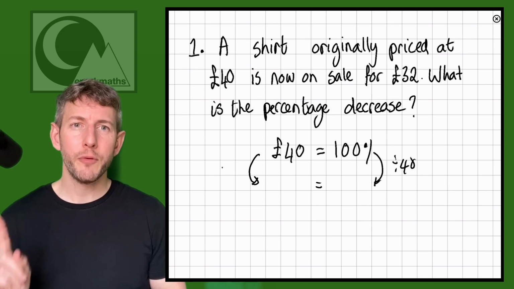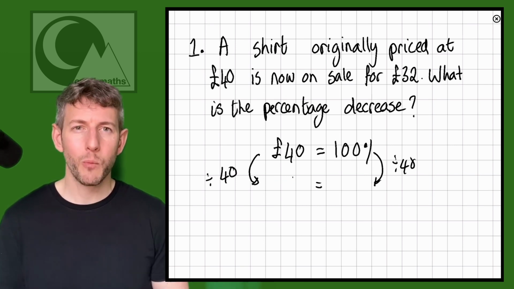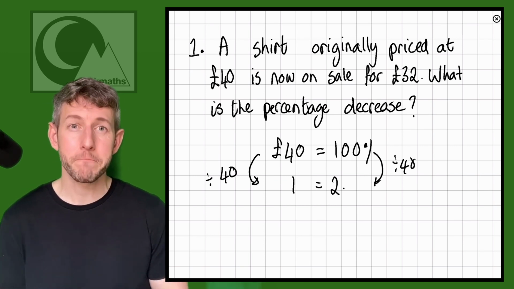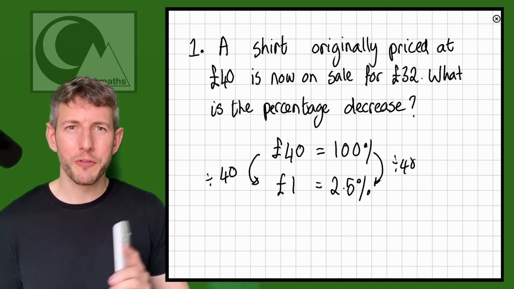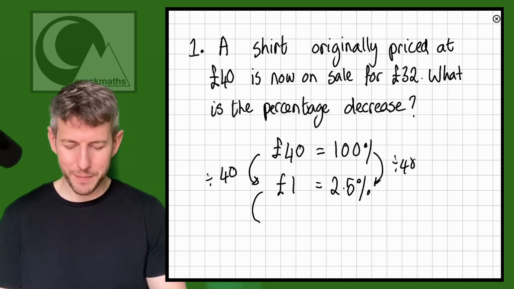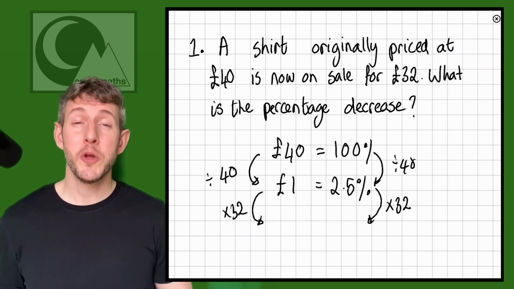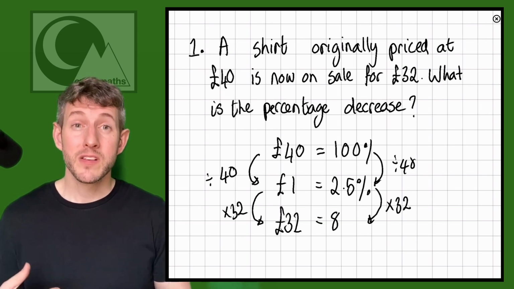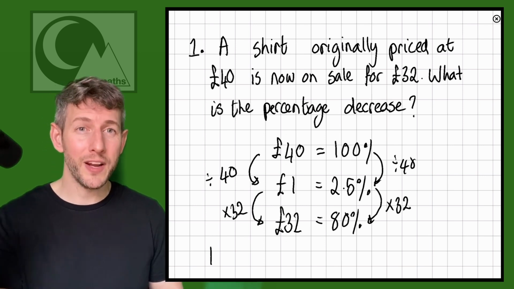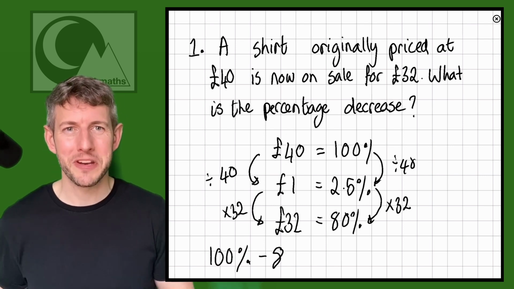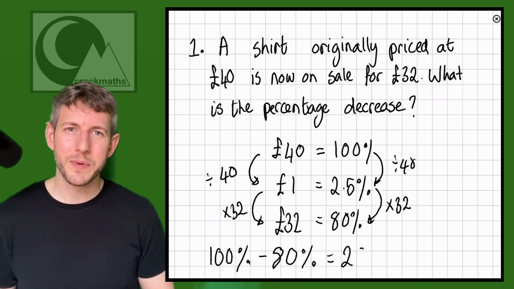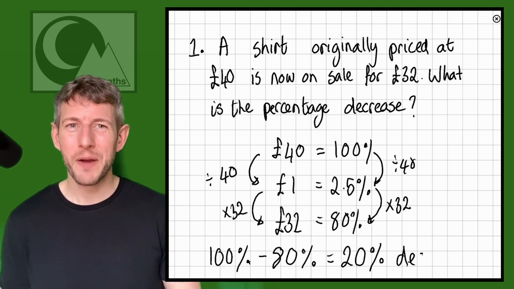So if £40 is 100%, £1 is 2.5%. If £1 is 2.5%, I can multiply that by 32 to see that £32 is 80%. So the shirt has gone from being 100% of the cost to being 80% of the cost, which is a 20% decrease. Okay, there we go.